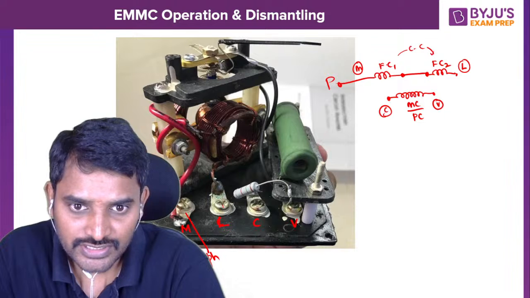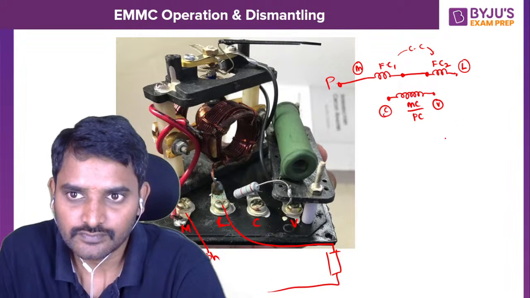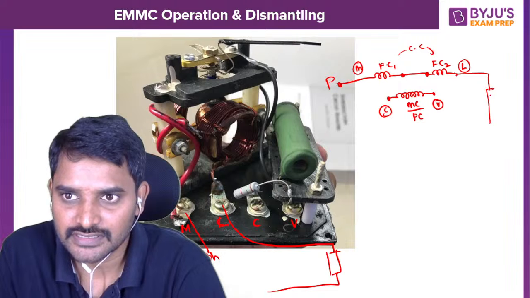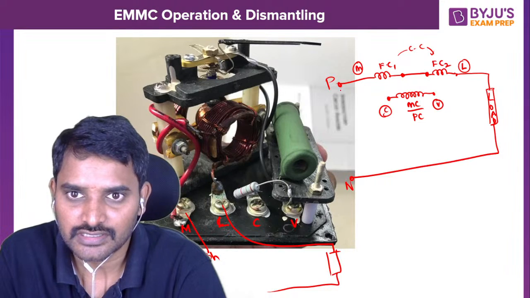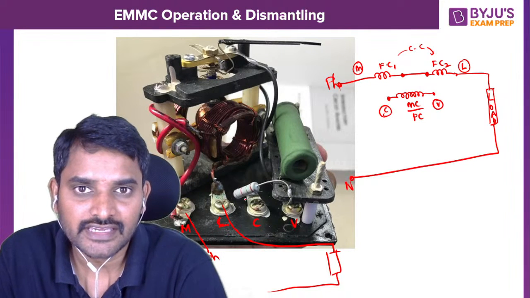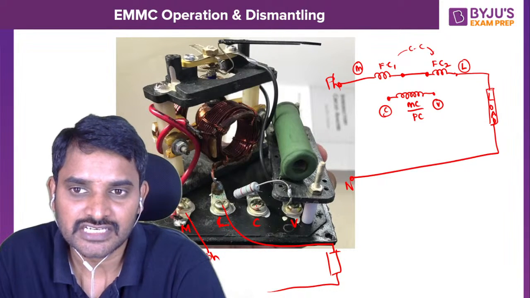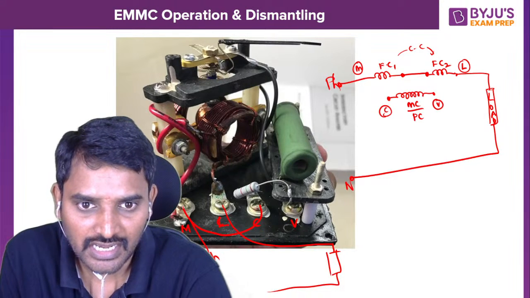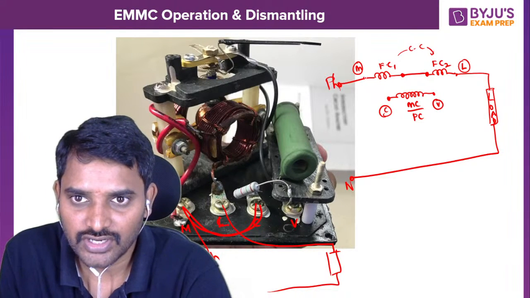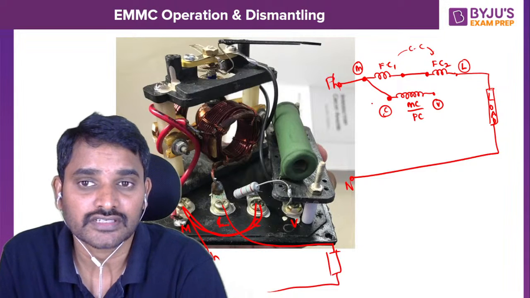Now what we do is we take this out and connect it to load. Okay, so this is my neutral. This is my phase. And we are left with the C terminal and V terminal. Now it is your wish to join M and C or L and C. If I join M and C, this is MC short.